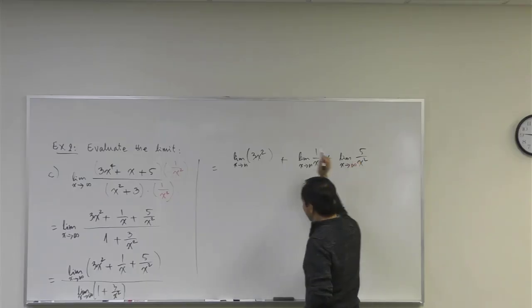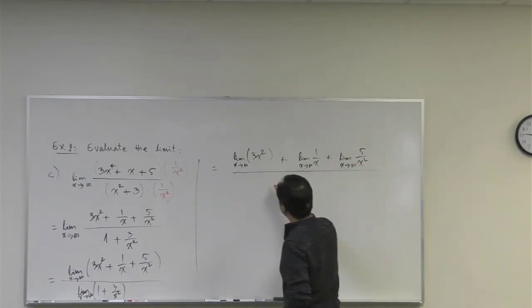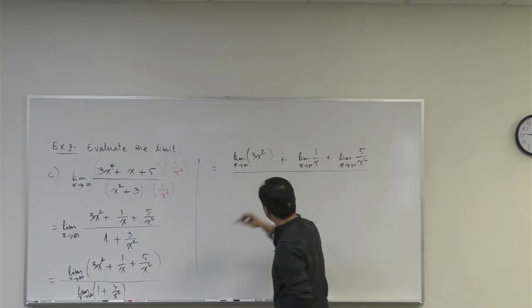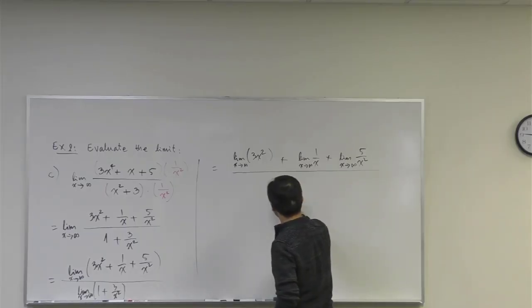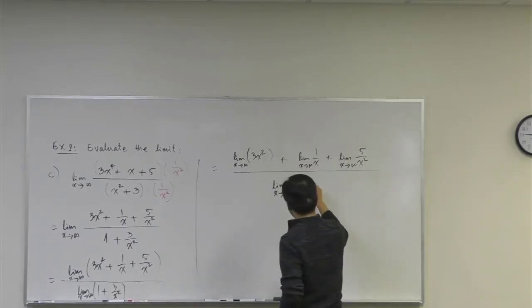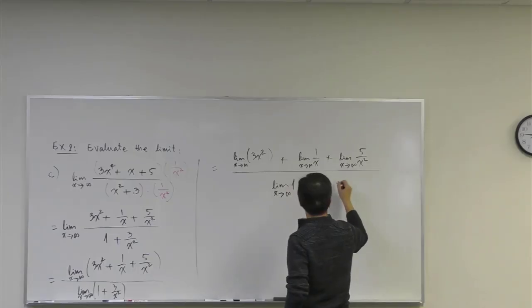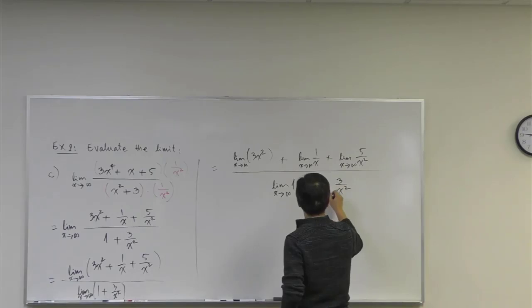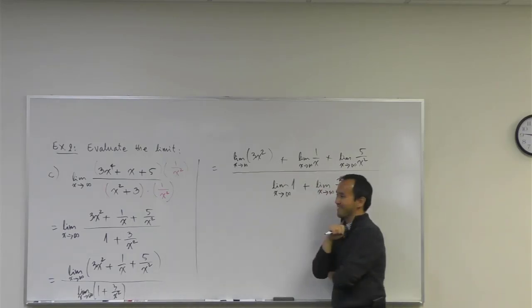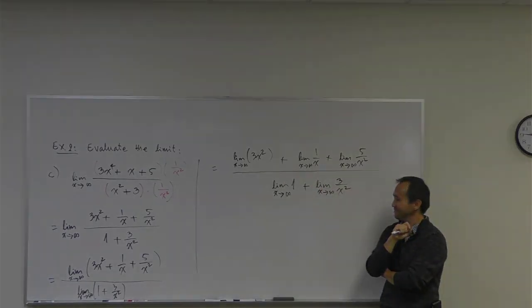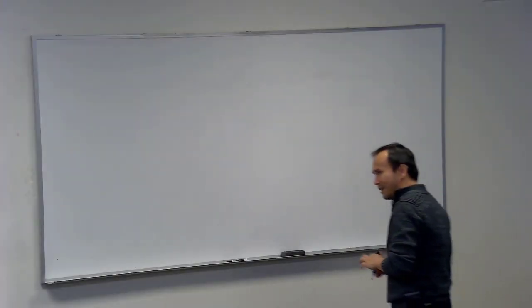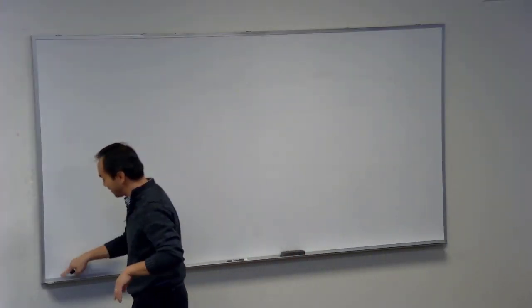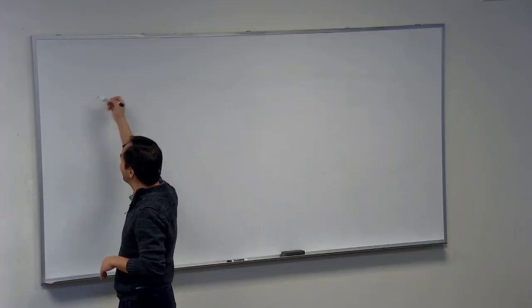Okay. And then we divide that by the limit for the first term, which is just a 1, as x gets close to infinity, plus we have the limit of 3 over x squared as x goes to infinity. See what I mean? We have worked often enough with these problems that now I can push it to the next level a little bit.